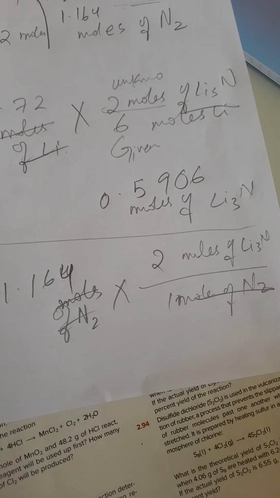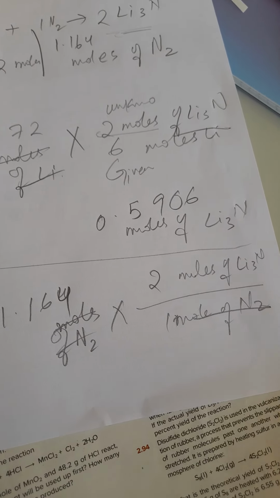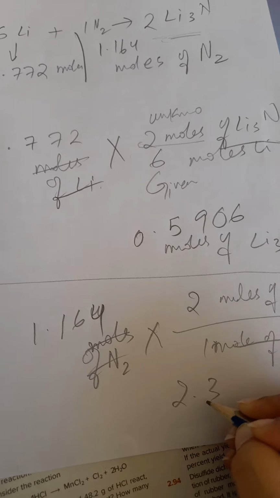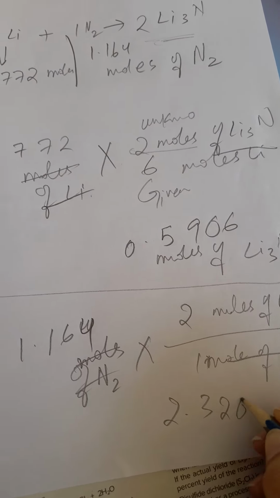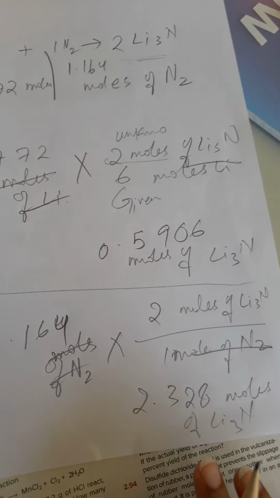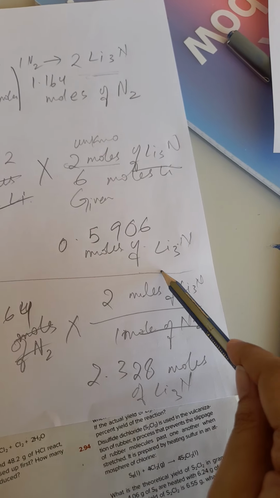So you will have 1.164 times 2 divided by 1. You will have 2.328 moles of Li3N. So from lithium you calculate 0.5906 moles of the product.